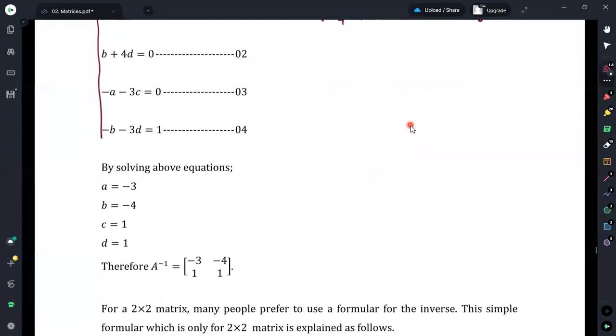It is given as A equals -3, B equals -4, C equals 1, and D equals 1.